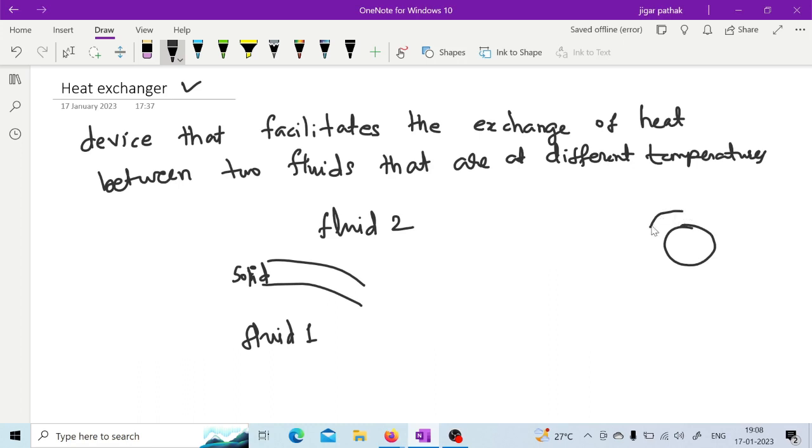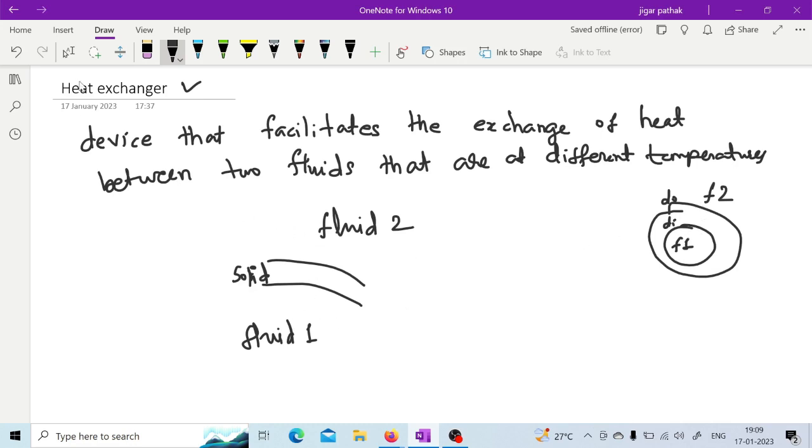Here you have the inner diameter and here the outer diameter, and here you will have your fluid 1, here you will have your fluid 2. And fluid 2 will be again enclosed by some material which will not allow heat transfer. So this is how you have your construction. So this is a particular solid which is separating fluid 1 and fluid 2.